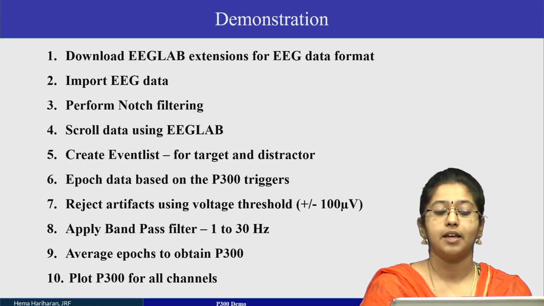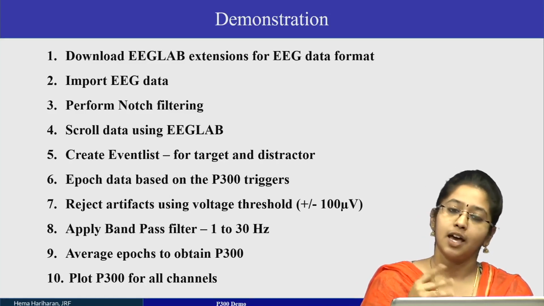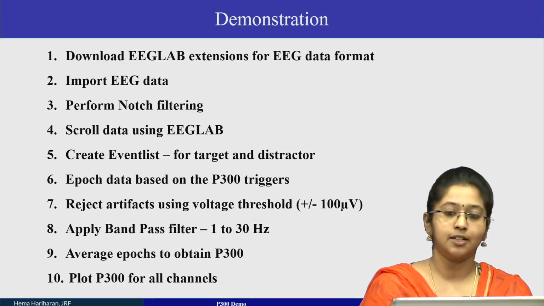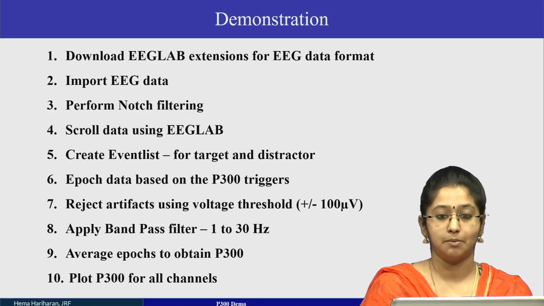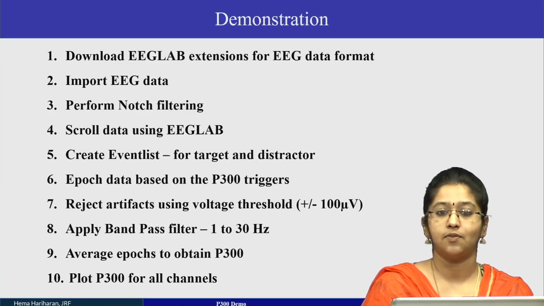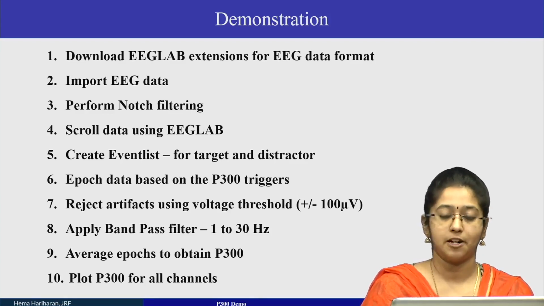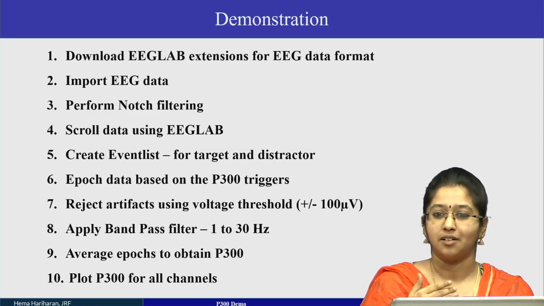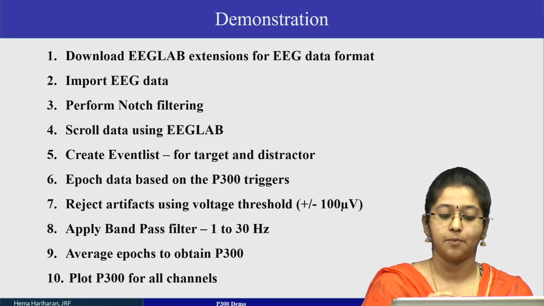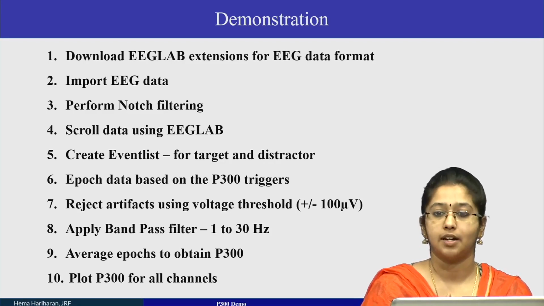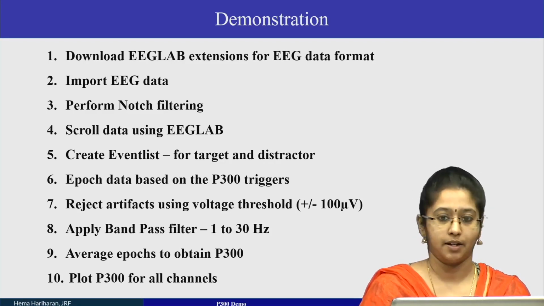All other steps are similar; the only differences are in the event list and the epoching. For plotting, we can do it for both bin values directly, or separately.